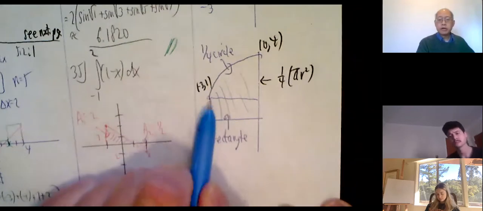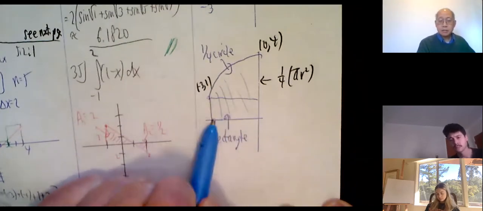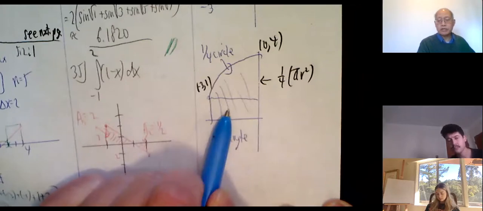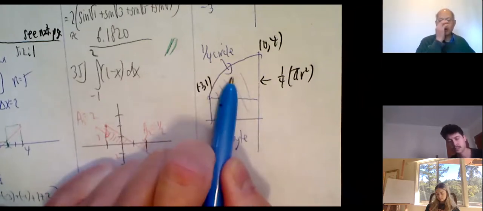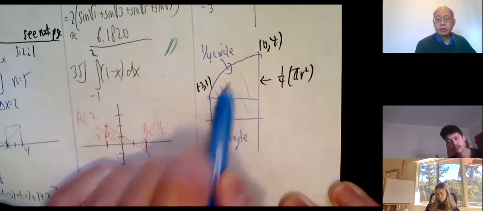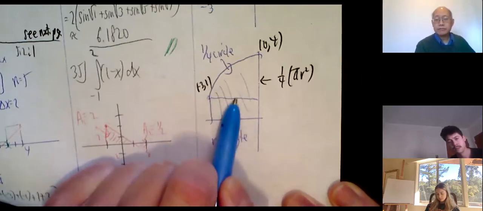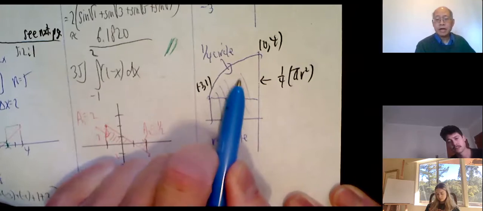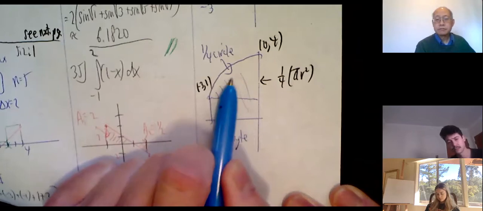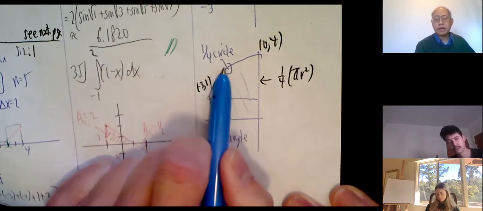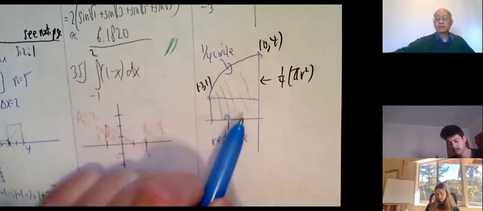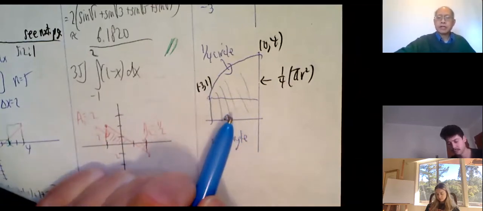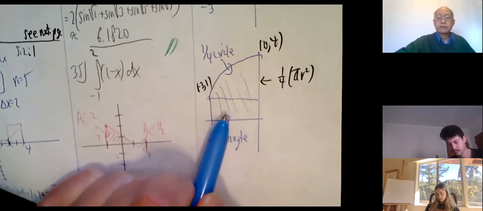So that's a quarter circle plus this. So this is 3 times 1, which is 3. So it's 3 plus whatever this is, 1/4 of pi r squared. The radius is 3, right? So pi times 3 squared, 9 pi. That's a quarter of it, so 1/4 of 9 pi, 9 pi over 4. And there's a plus 3. So that's where it came from. That's fine. So it looks like the answer should be 3 plus 9/4 pi.